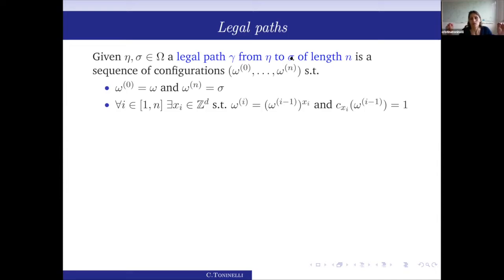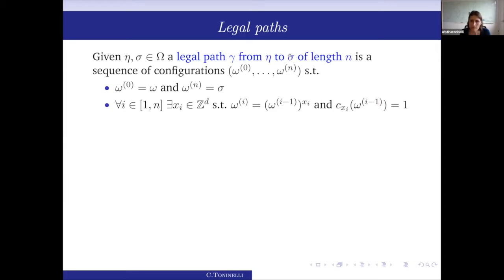These two configurations are actually connected by a legal path, in the sense that starting from the initial empty site, I can empty one site nearby, then fill the site below, because my constraint just asks for at least one empty nearest neighbor, and continue until reaching the site which I want to empty in order to construct the final configuration.